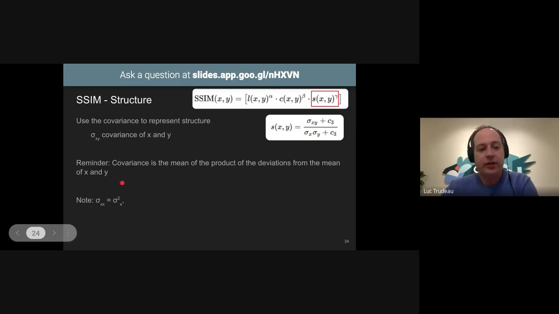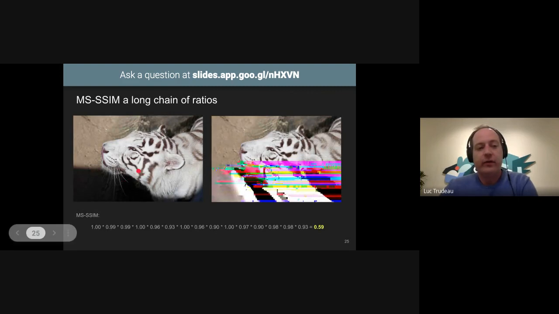So let's see it in action. We got our image from before, and now we see this huge string of ratios between 0 and 1. So how does that work? Well, in this case, we can break it down.